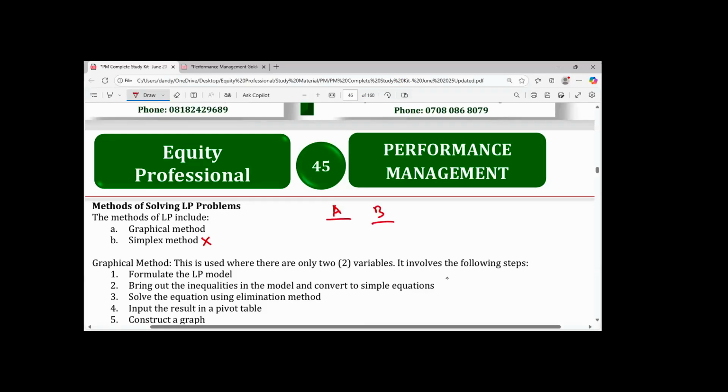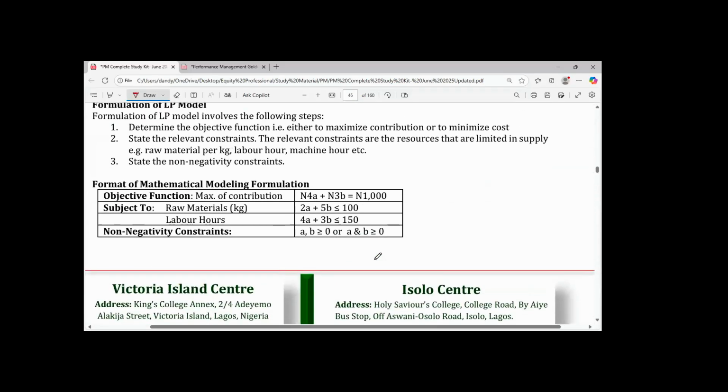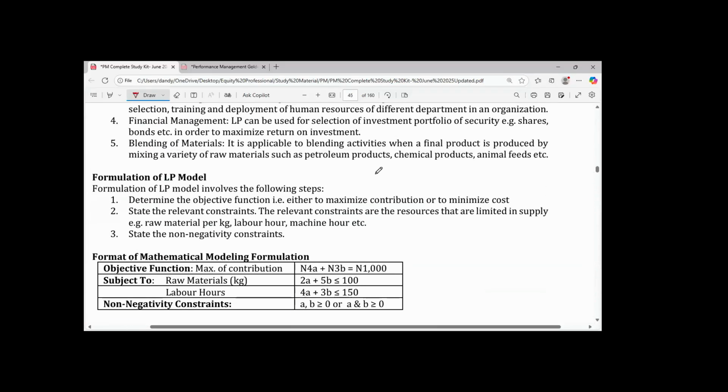But when you have more than two variables, you cannot use the graphical method. It has to be the simplex method. Each of them has its own underlying way of determining optimal production plan. However, our focus is on the graphical method. How do you determine optimal production plan using the graphical method?